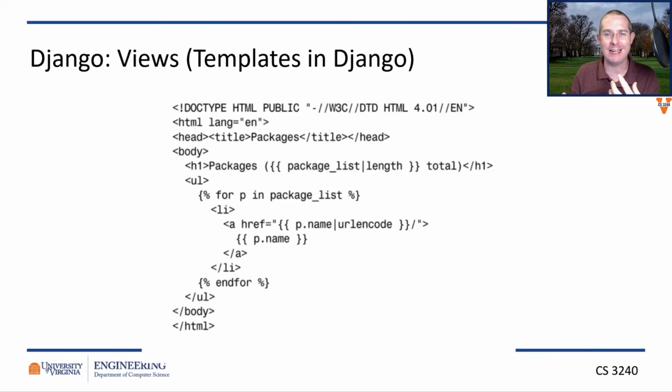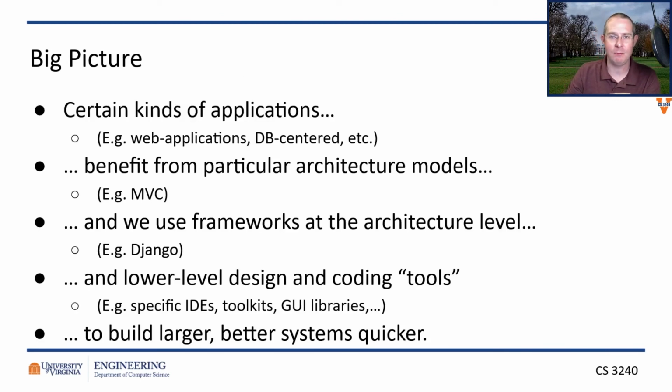It lets you do things like taking those views and swapping them in and out so that your application can dynamically do different things without rewriting your code base, which is fantastic. So the big picture here, for certain types of applications, like web applications or mobile applications, it's going to benefit from using particular types of architectural models like MVC, so that we don't have to reuse code, so we can build the system faster, so that when someone looks at a system, they say, oh, this is a 3-tier, this is Model View Controller, I know what this is.